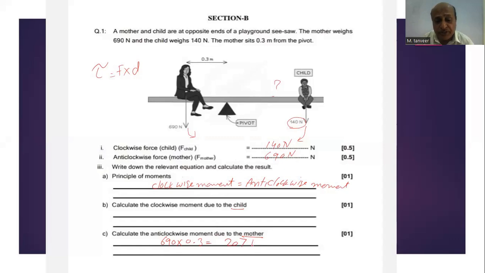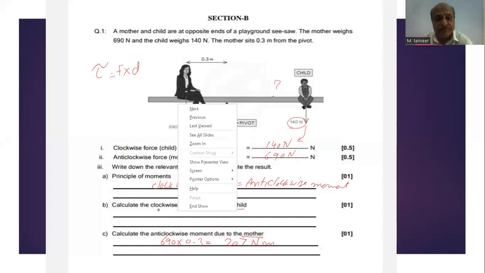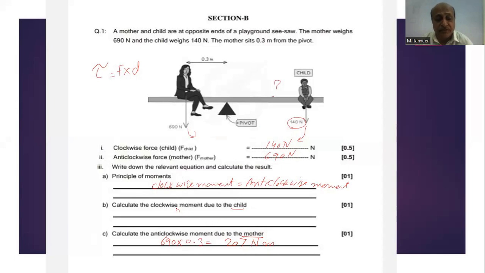You have to write the unit Newton meter. This is the anti-clockwise moment. Since clockwise and anti-clockwise moments are equal, the clockwise moment will also be 207 Newton meter.